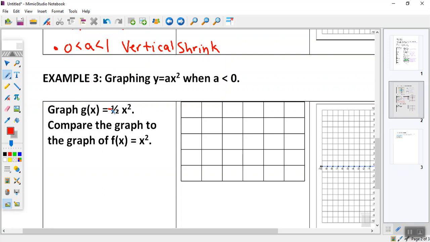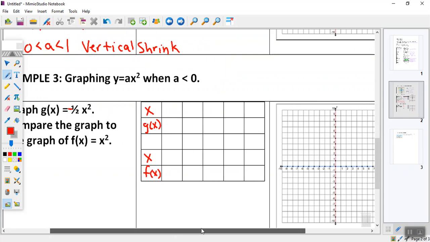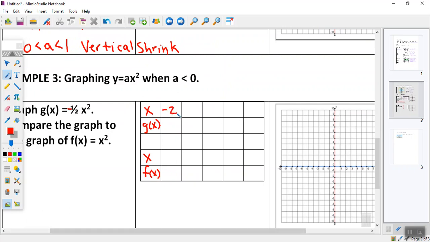Okay, let's talk, kids. That should be negative 1/2 x squared right here. All right, so same game. Let's put up here x and g of x. Let's put here x and f of x again. And same x values: negative 2, negative 1, 0, 1, 2.